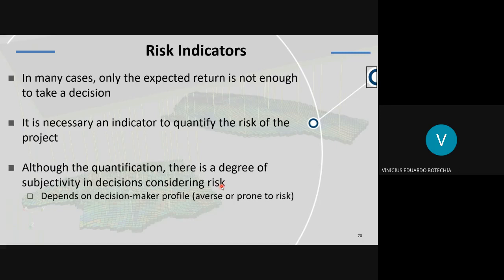Different decision makers take different decisions for the same case, right? So even if you quantify the risk, the final decision has a degree of subjectivity about what is better for my field, right? What is riskier for me may not be risky for you, and so on. That will depend on the profile of the decision maker.